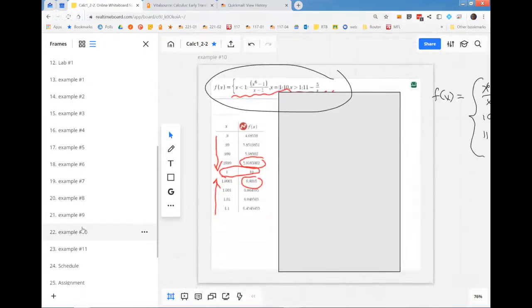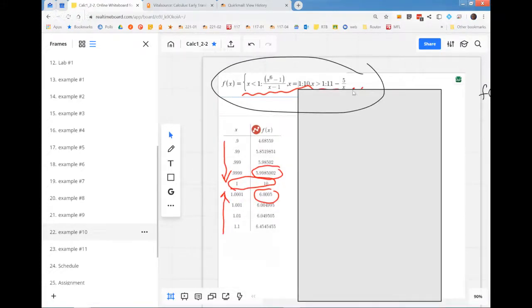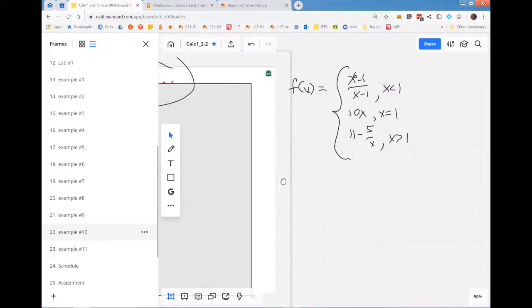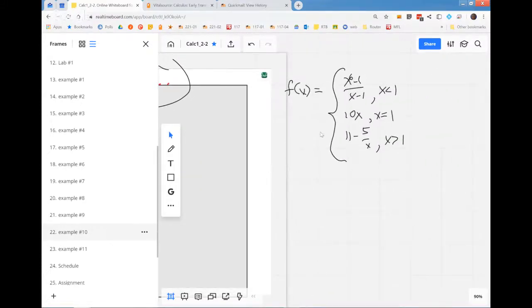Example 10. Now, we've got a little bit of a problem here. When you use Desmos, you remember what a piecewise function looks like, where you have parentheses like this, and you divide it into 3 parts.